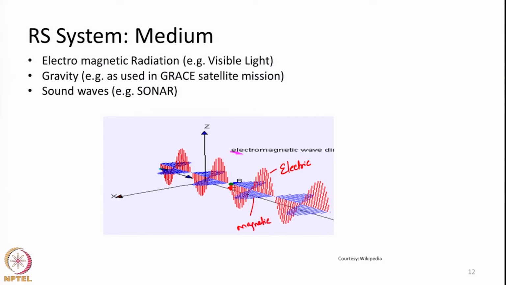If you look at this slide, say the energy is travelling from point A to point B, marked from left to right on this screen. The electric field and magnetic field will oscillate in directions perpendicular to each other and also to the direction of motion.